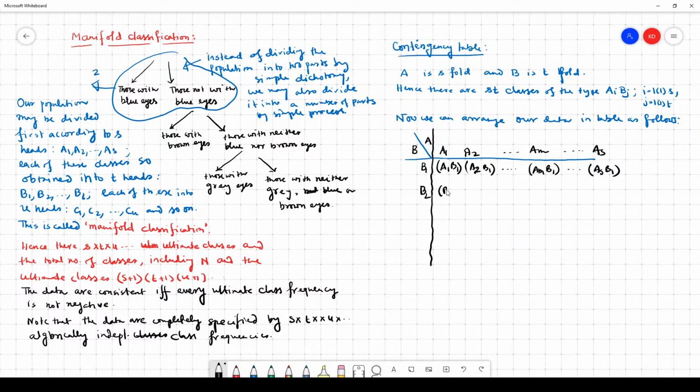Similarly for the second row, B2: A1, B2, A2, B2, up to AS, B2.